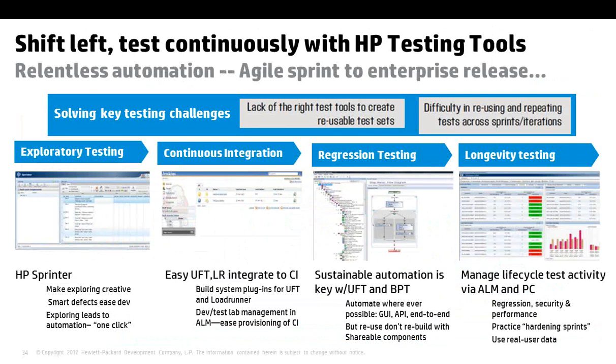HP Unified Functional Testing is, as I said, a leader in the market when it comes to test automation. But what we also emphasize here are the capabilities around BPT, or business process testing, that can help further accelerate building automated test cases.